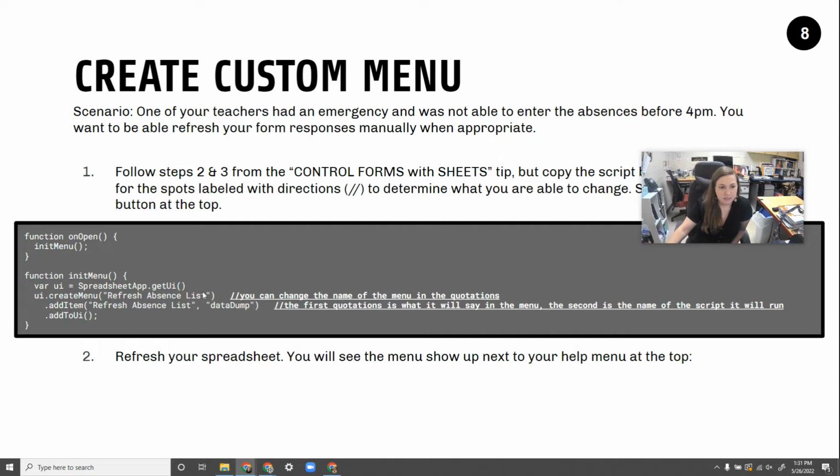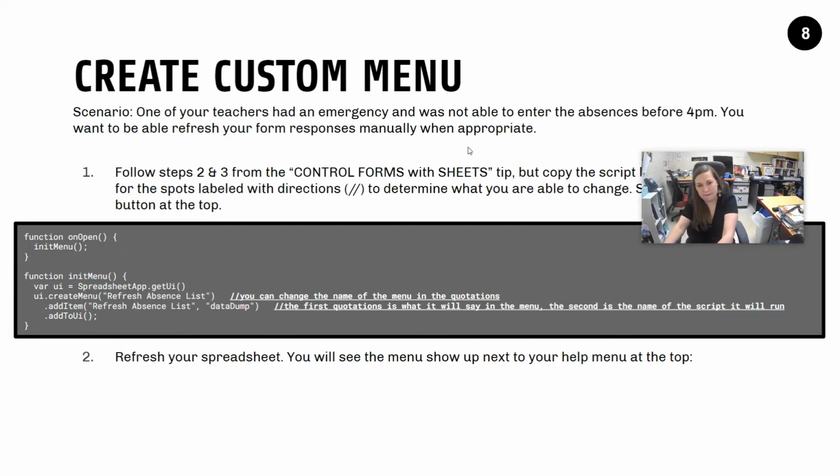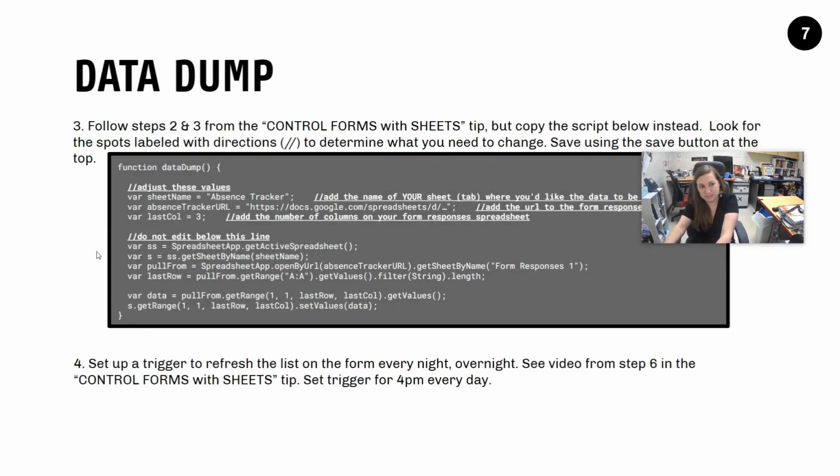You want a name for that menu, and then you want a name for whatever you select on the menu. In this case, I just made it the same for both of them, and whatever script that clicking on that menu choice will run. We want to run the data dump script from this. This is the script we want to run. This is the name right here.